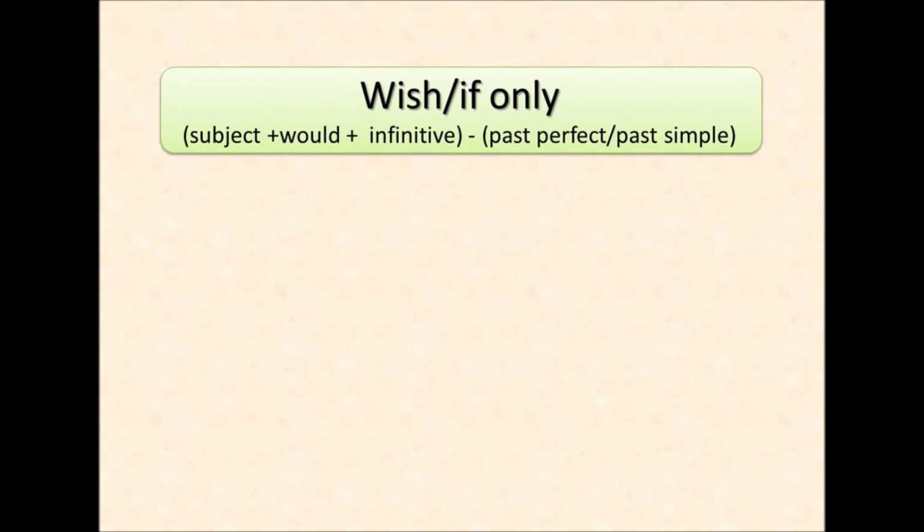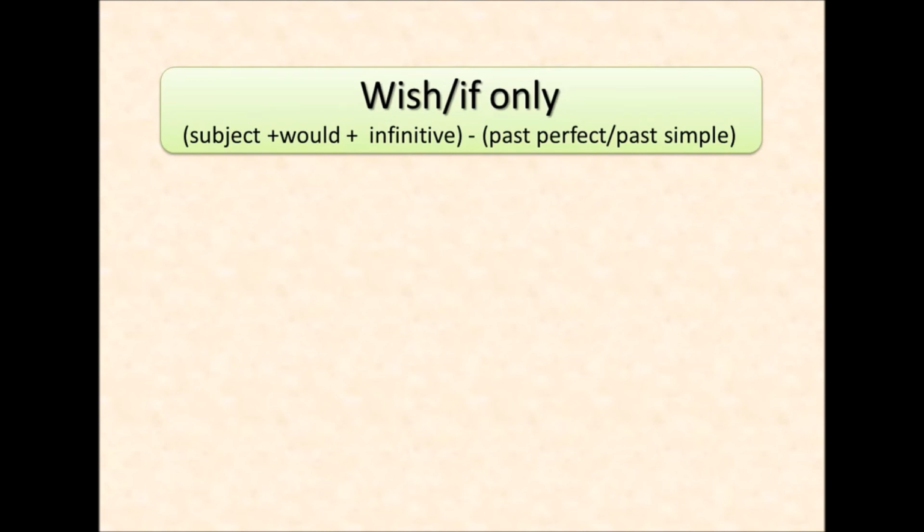Wishes. Wish and if only. We form wish with the subject, would plus infinitive. And there are two tenses when we can use wish, the past perfect tense and the past simple tense.